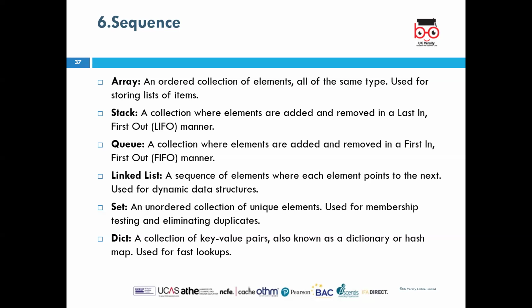Then we also have sets and maps, where a set is an unordered collection of unique elements used for membership testing and eliminating duplicates. Dict is a collection of key value pairs, also known as dictionary or hash map, used for fast lookup. So hash map is very widely used as a data structure.